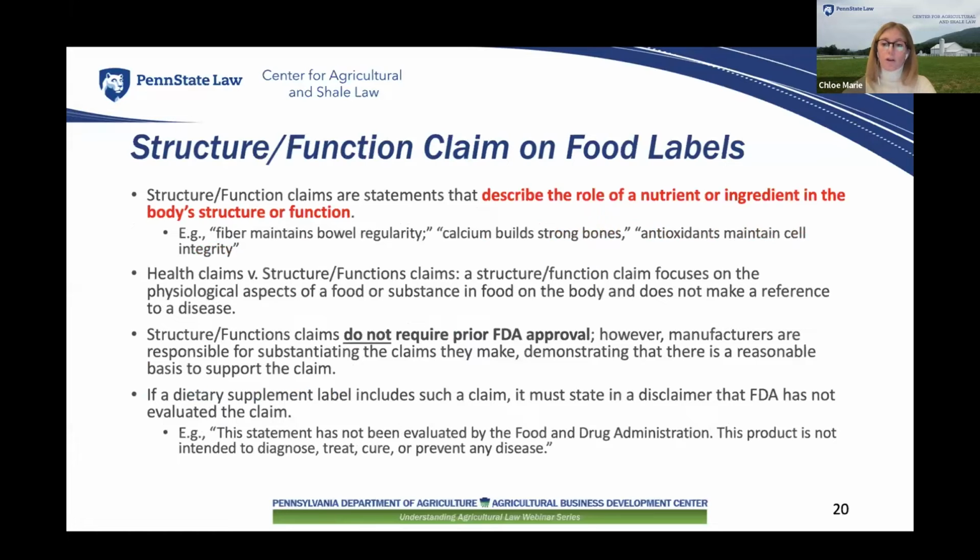Structure/function claims are different from health claims because they don't make any claims about diseases. However, if a dietary supplement label makes a claim that suggests a relationship with a disease, the product will be regulated as a drug, unless the claim is an authorized health claim that has been reviewed and approved by the FDA.